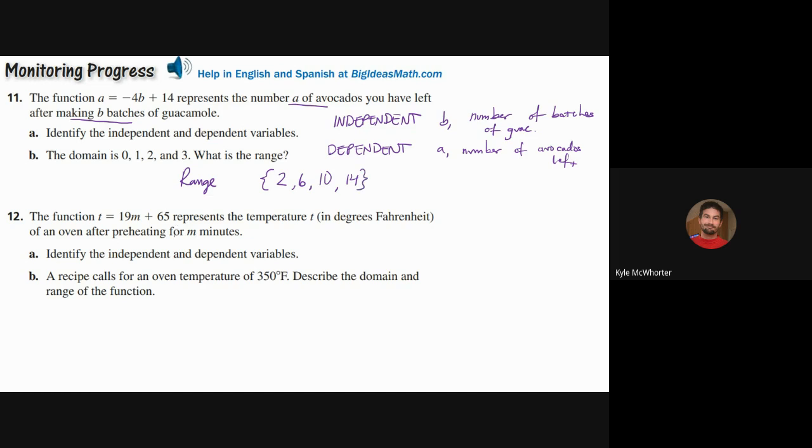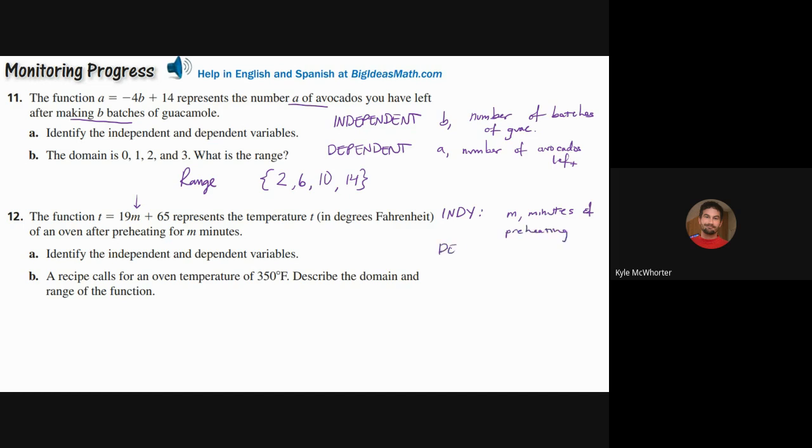And for the last one, our independent variable is going to be our input, right? That's where the x would go. But if you think about it, the temperature of an oven depends on how many minutes it's been preheating. So the independent variable is m, minutes of preheating.